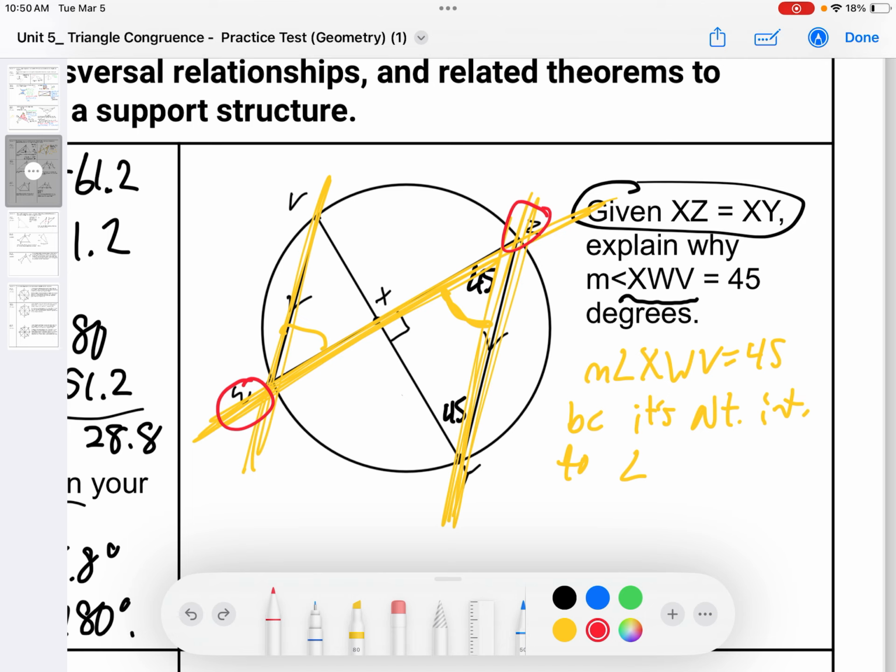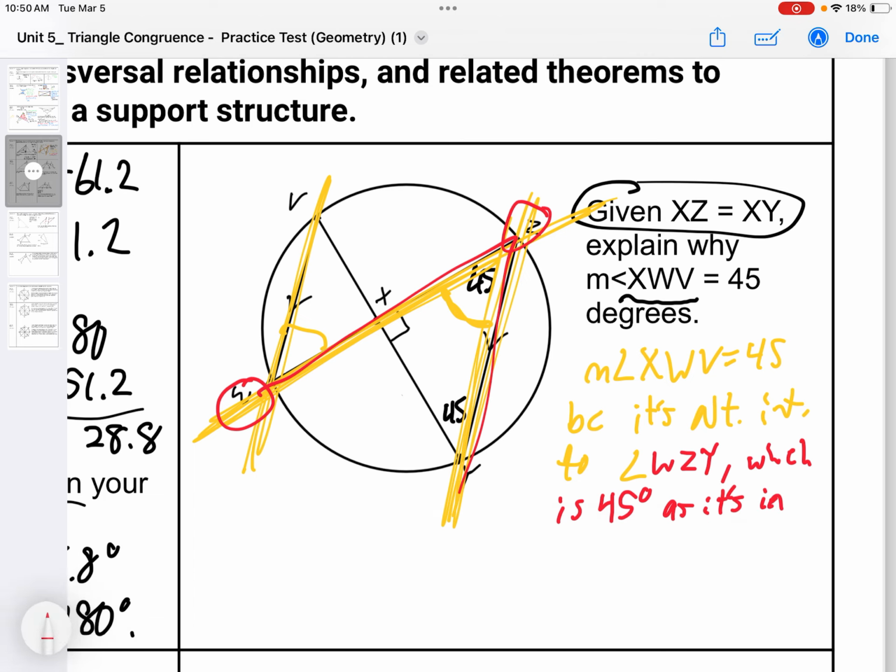So it's congruent to angle WZY, which is 45 degrees as it's in an isosceles right triangle.